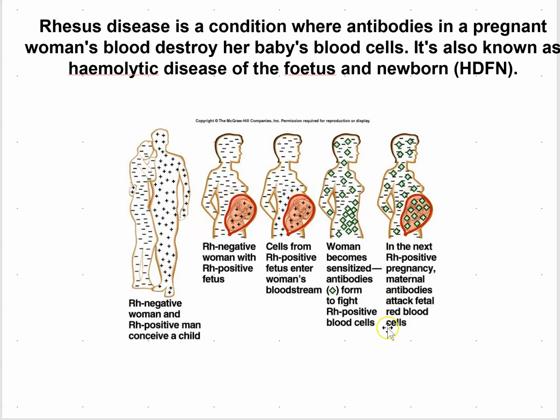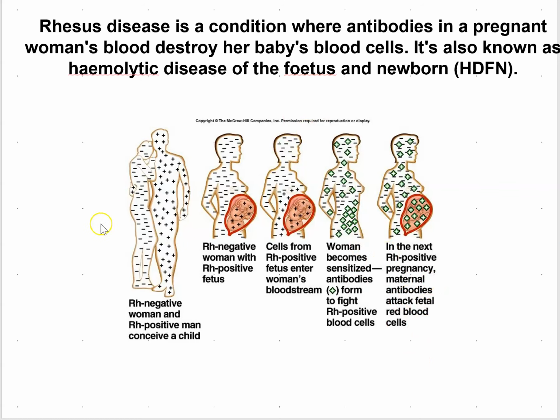This is not a problem during the first pregnancy because this doesn't happen until the third trimester. But in the second baby, it causes a condition known as hemolytic disease of the fetus and newborn, because of which she starts to reject the second baby and it causes miscarriage.